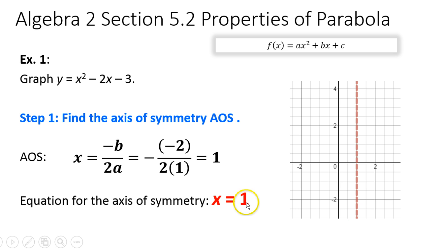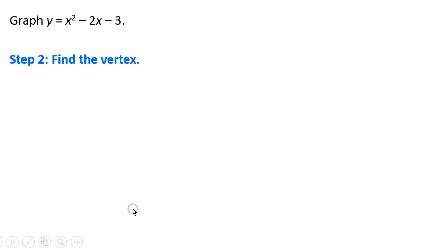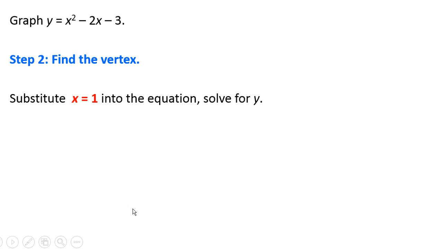So we're going to take this x equals 1 and plug it into our machine, which is over here, and see what comes out. So in step 2, to find the vertex, we're going to substitute x equals 1 into the equation. We're going to plug 1 in using parentheses.